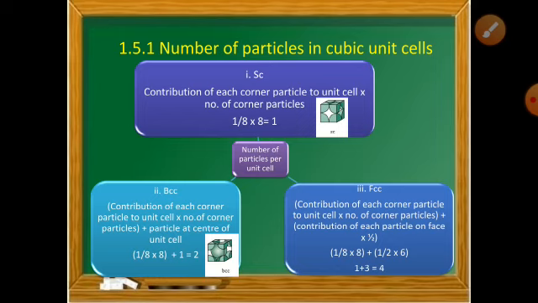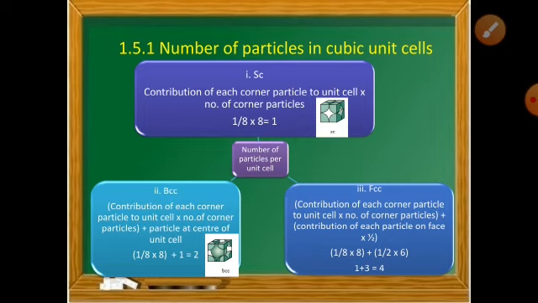BCC is like SC, with 8 particles at the 8 corners, but I told you that one corner is attached with the neighboring 7 unit cells. So the contribution of the particle at each corner of this unit cell is 1/8, and since there are 8 corners, 1/8 into 8 equals 1.